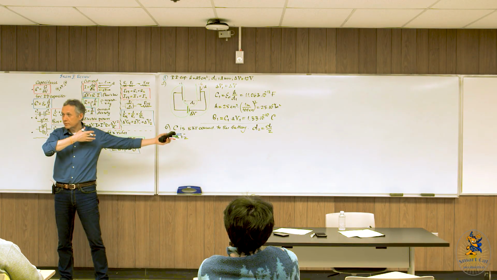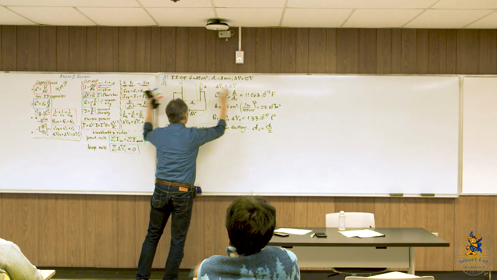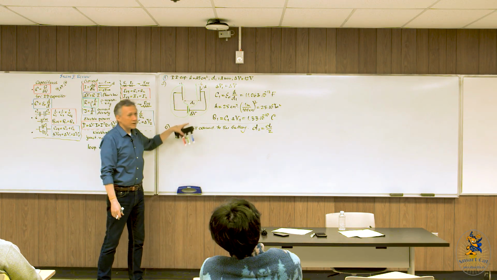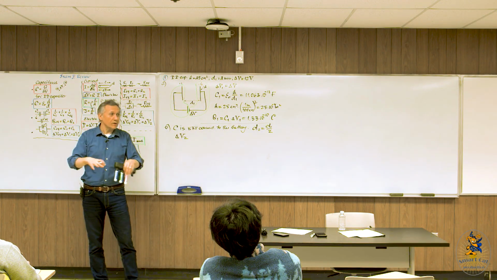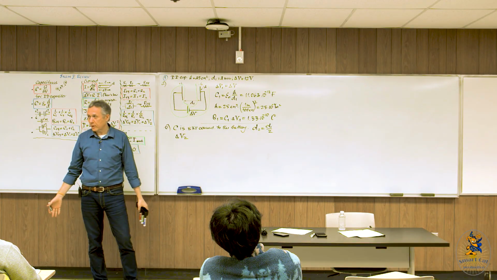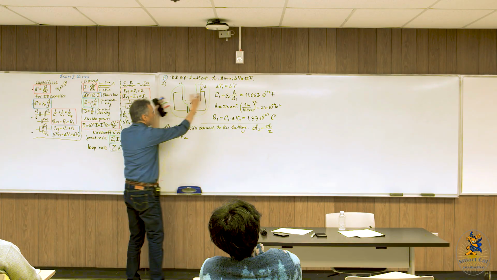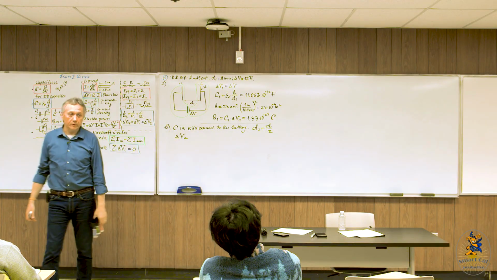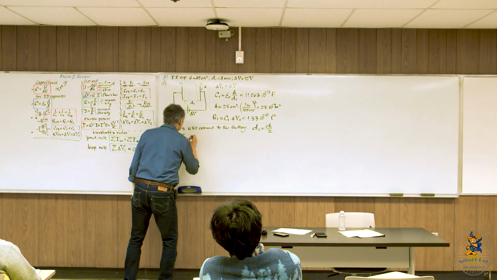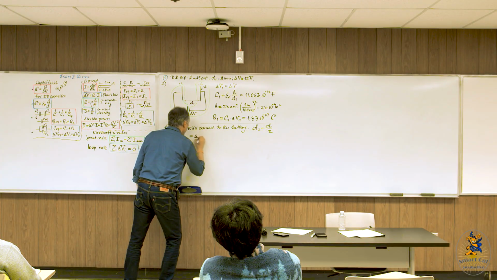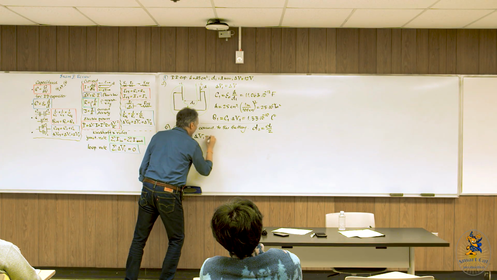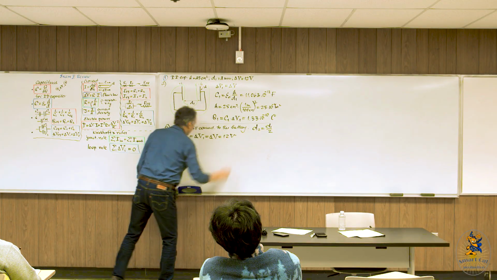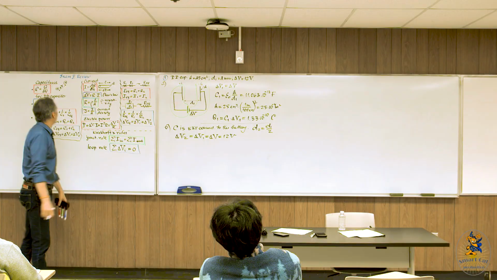So it doesn't matter what the distance between the electrodes is if the capacitor is connected to the battery, assuming that the battery is healthy enough, powerful enough. So of course it will be able to keep the potential difference across the plates the same, 12 volts. So delta V1 equals delta V2 equals, of course, 12 volts. Okay, great. So delta V is still the same.